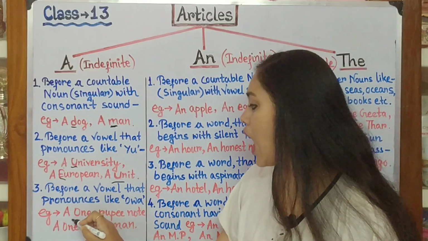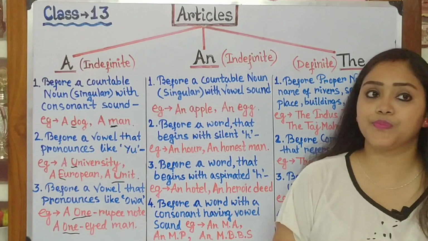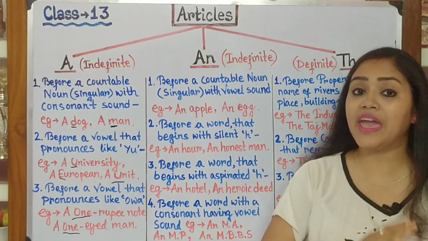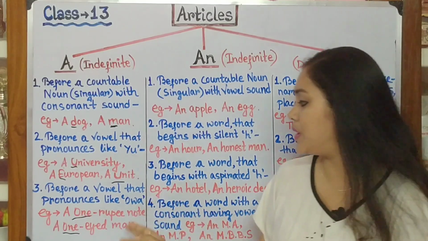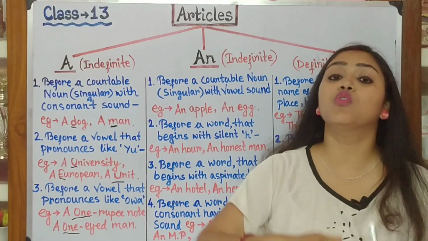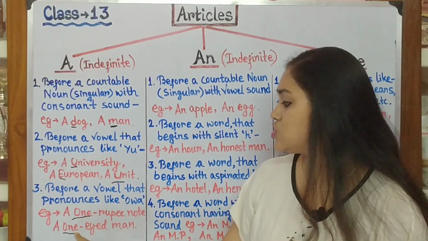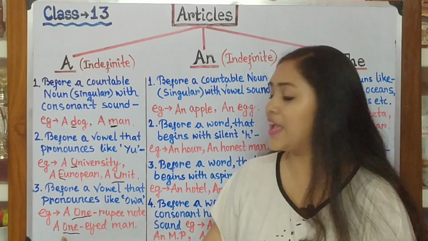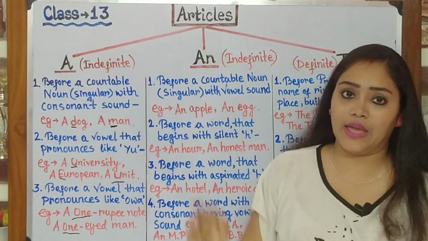For example, a one rupee note or a one-eyed man. In both cases you can see one is pronounced like wa. Maybe o is a vowel, still the pronunciation is wa, so use a before it. So these are the basic rules of using a.